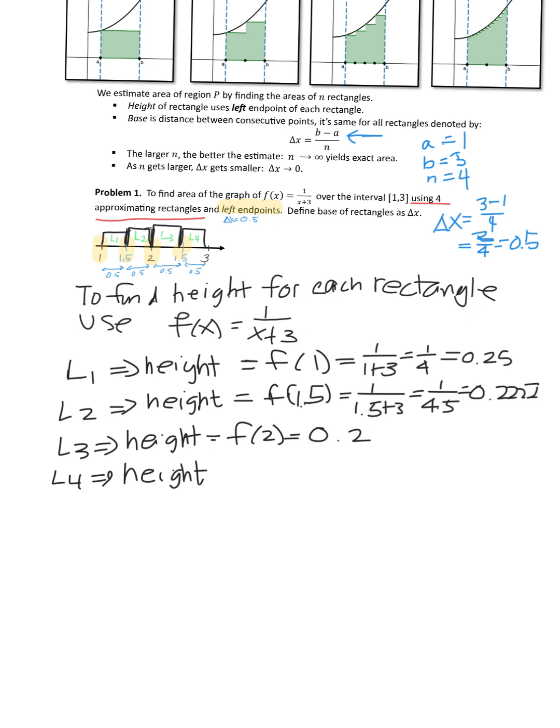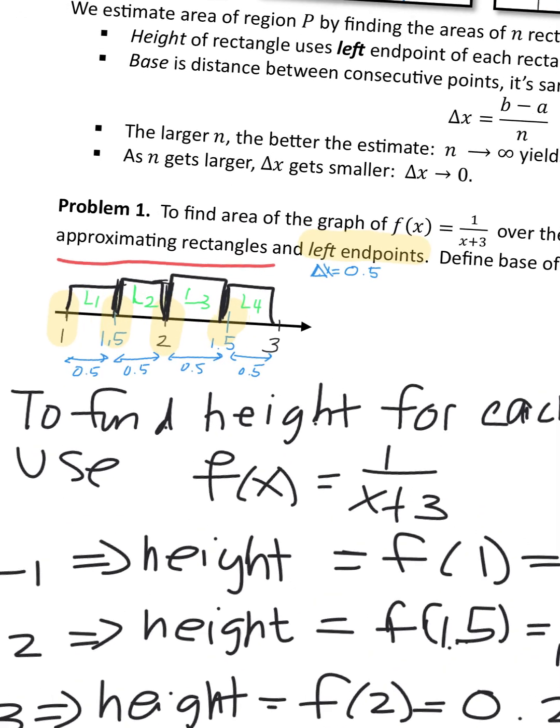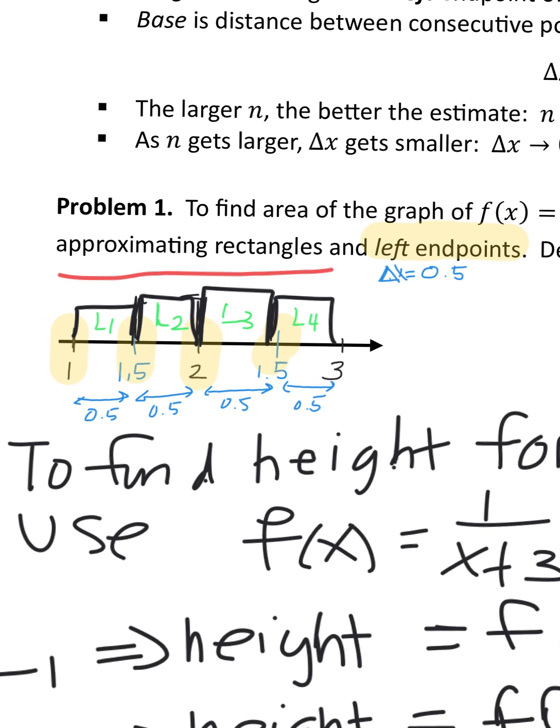And finally, for the last one, its height will be f of 2.5, and once again using our calculators, we get 0.181818. And let me fix this over here. This value here, I accidentally wrote as 1.5. It should be 2.5.